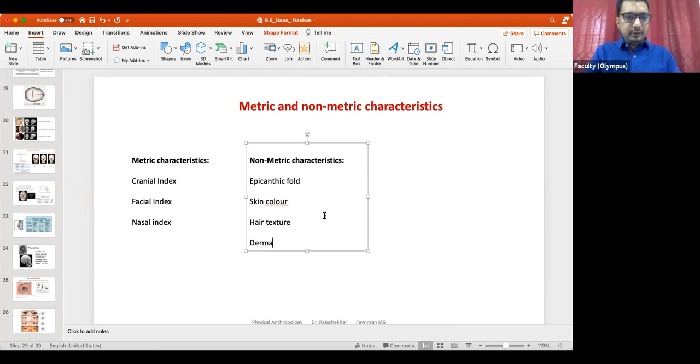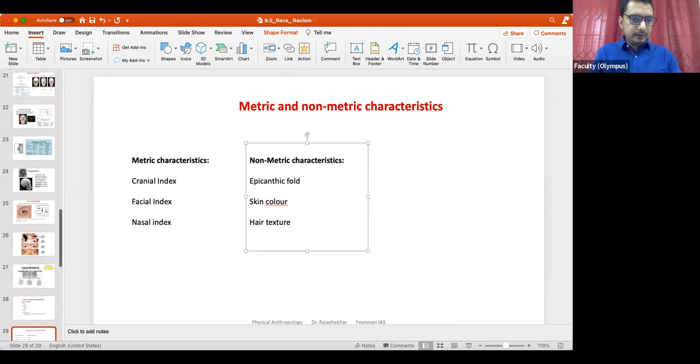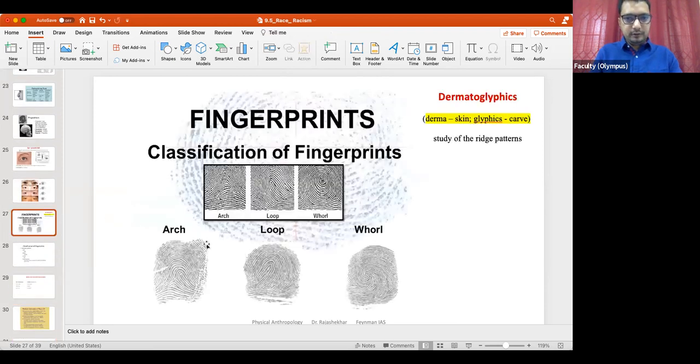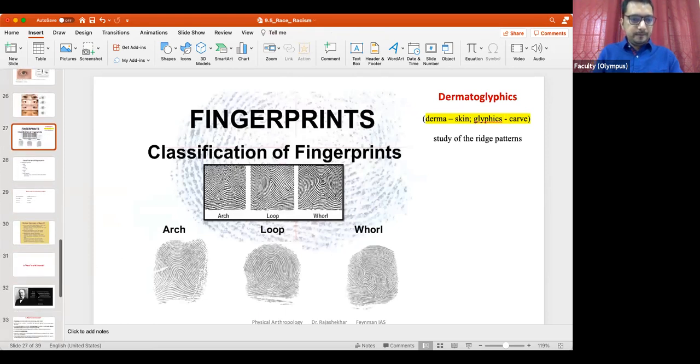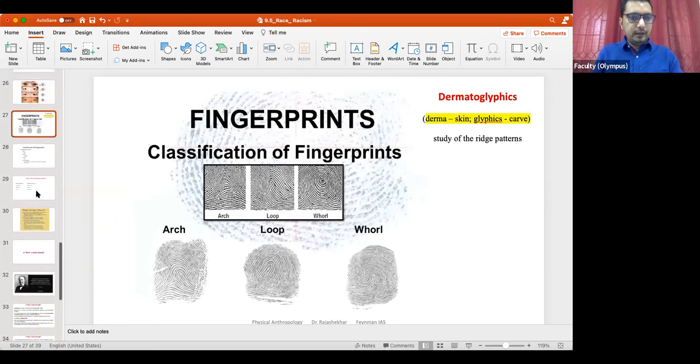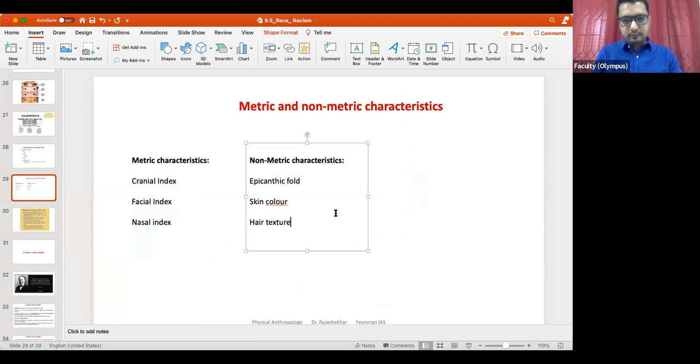Those are the characteristics we learned as part of the patterns, the various patterns we discussed towards the end of the class. In fingerprints, for example, they are either there or not there. So the epicanthic fold, especially, and fingerprints, we cannot measure them.